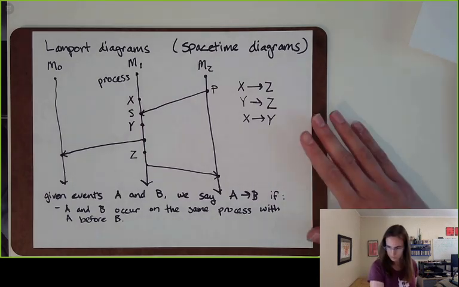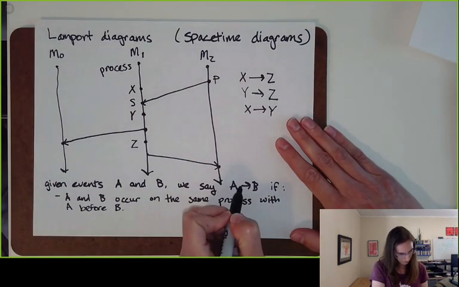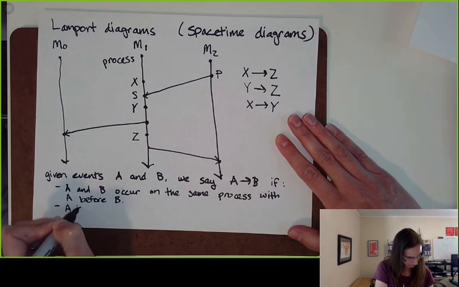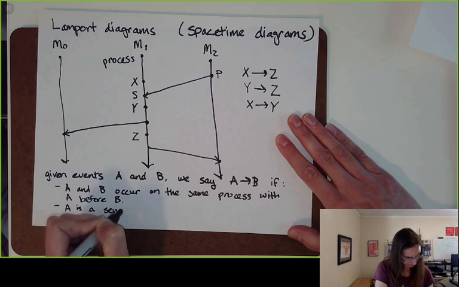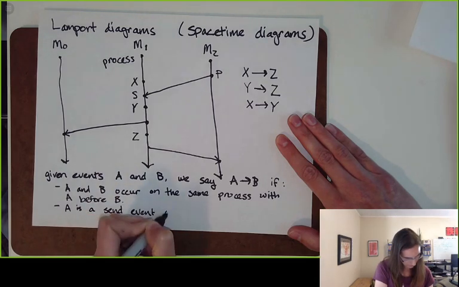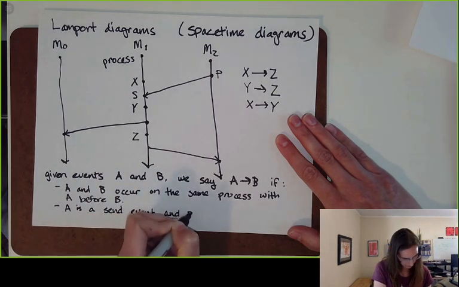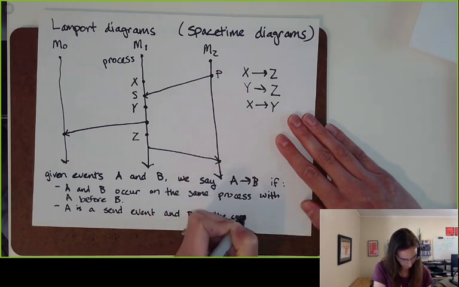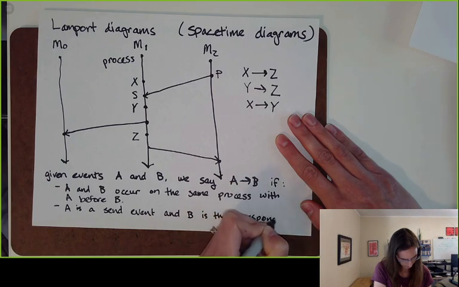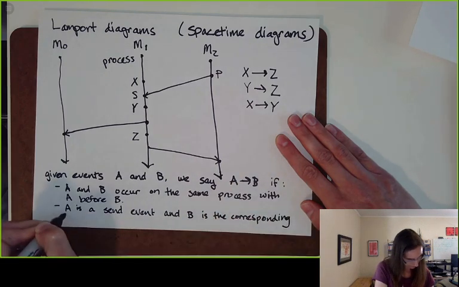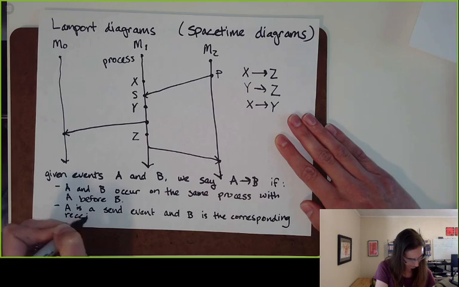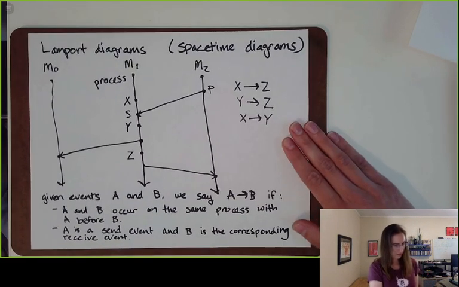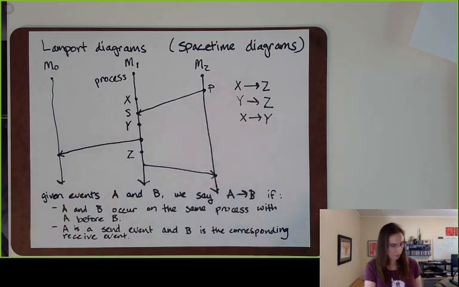So we can also say A happened before B if A is a send event and B is the corresponding receive event. So P happens before S here.